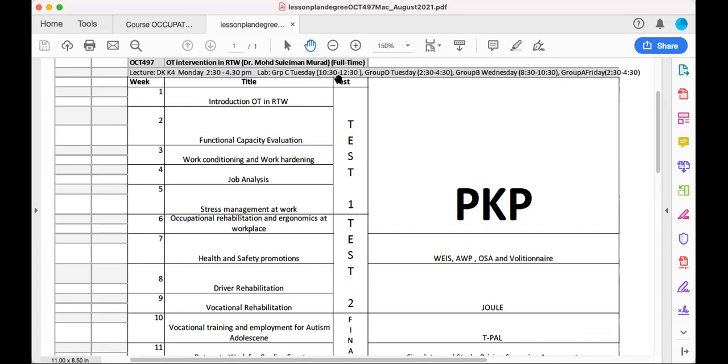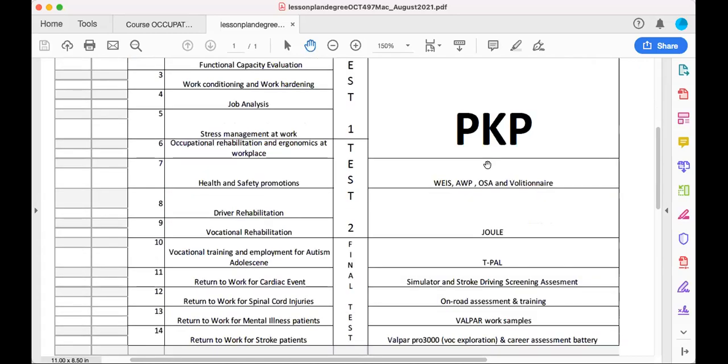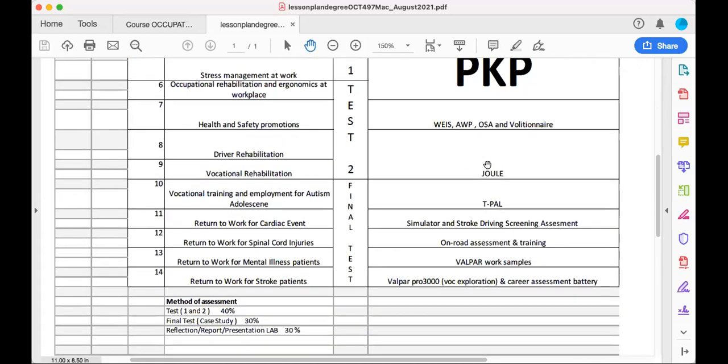Group C 10:30 to 12:30, group D 2:30 to 4:30 on Tuesday in the 7th week. Group B on Wednesday morning 8:30 to 10:30. And group A on Friday 2:30 to 4:30. So in the 7th week, you all will come to the university. We will do the lab.